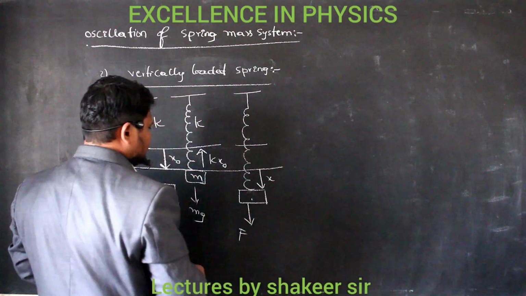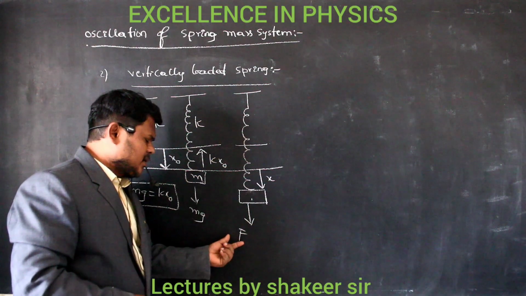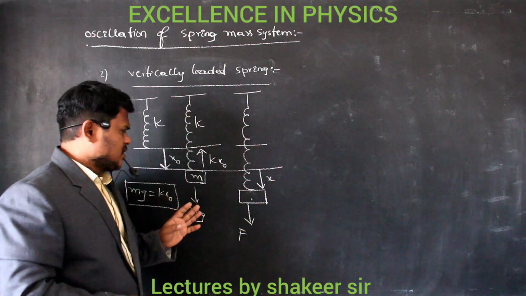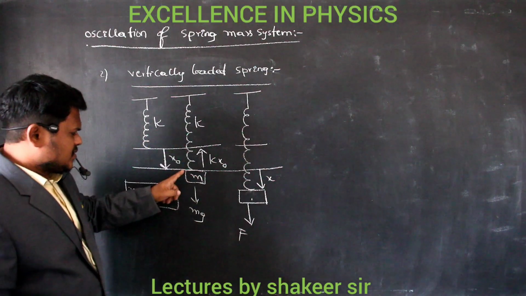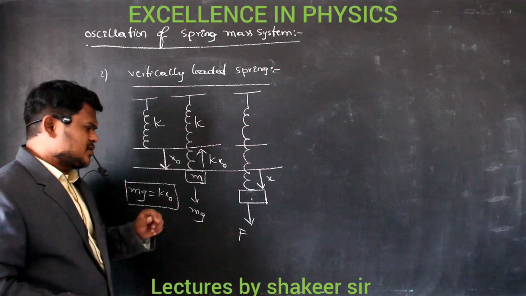Clear? So this is the further elongation produced. If the spring is elongated by applying a force F, then the spring will develop an additional restoring force. Kx naught is the restoring force which is balancing this mg.